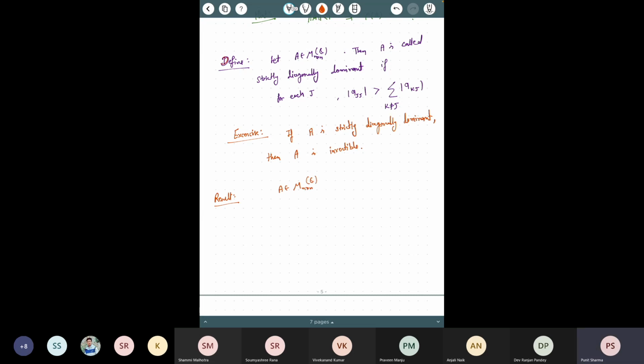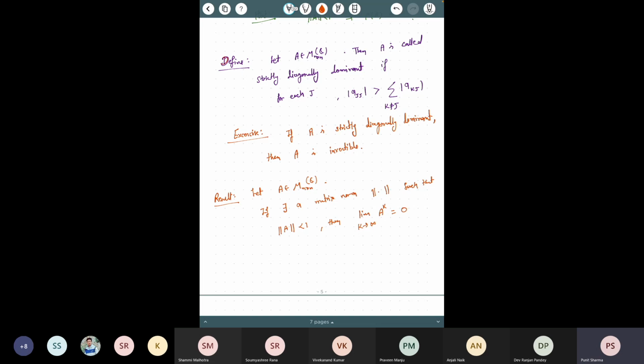Now, if there exists a matrix norm, any matrix norm, let's say this one, such that the norm of A under this norm is less than 1, then we can say that the limit of A to the power k as k tends to infinity is 0.